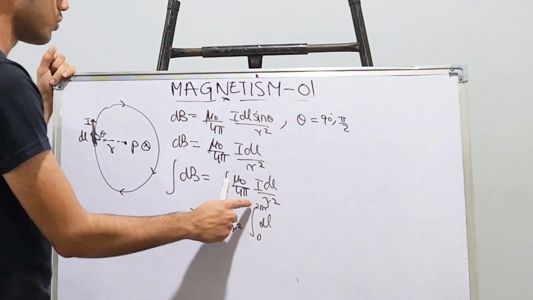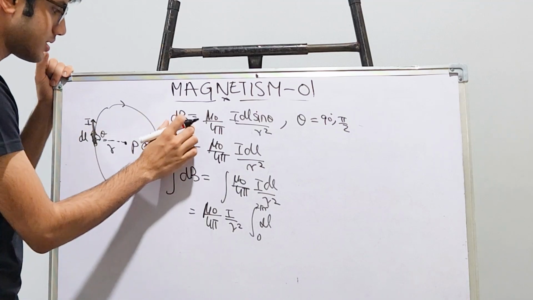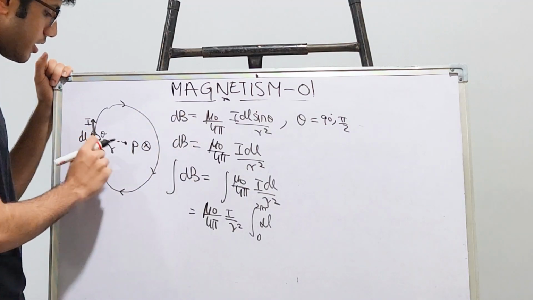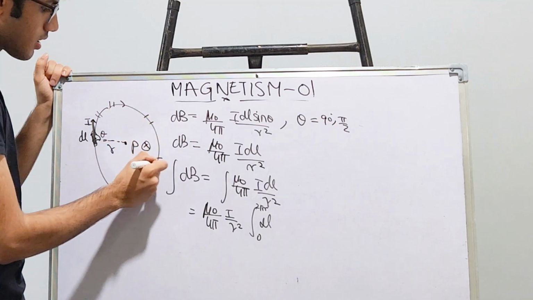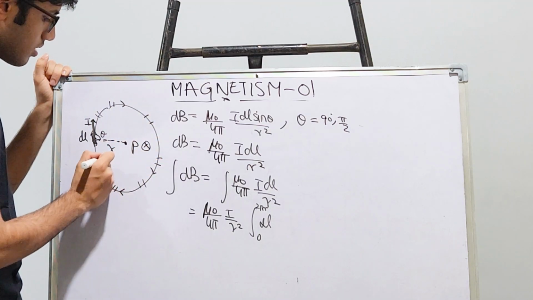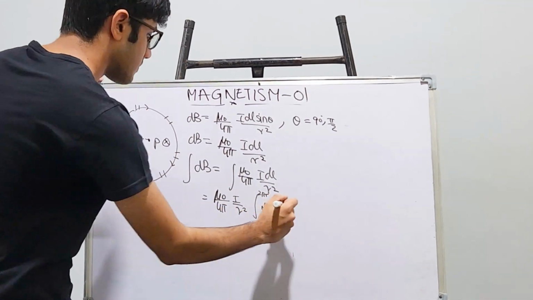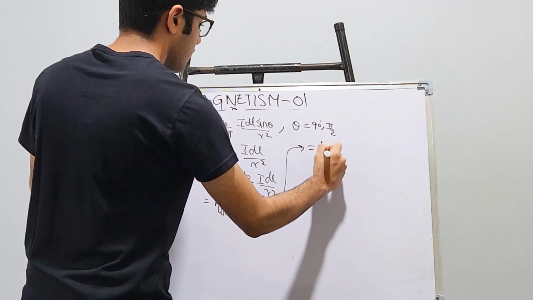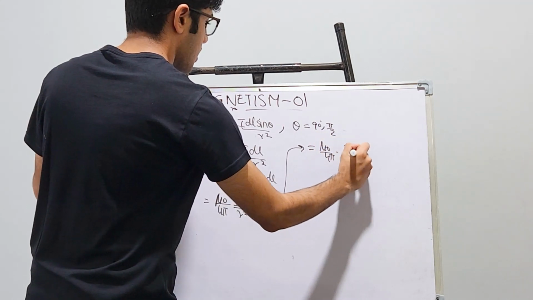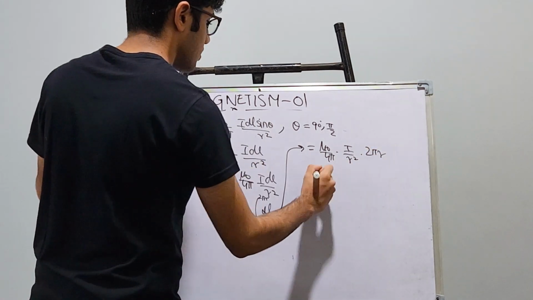Now 2 pi r because the circumference of a circle is 2 pi r, and we have calculated this dB due to the small element dl, and we need to calculate this due to all these elements dl cut out from every piece of this circle. So this would be the circumference of a circle, which is 2 pi r, and this is mu naught by 4 pi I by r squared into 2 pi r.